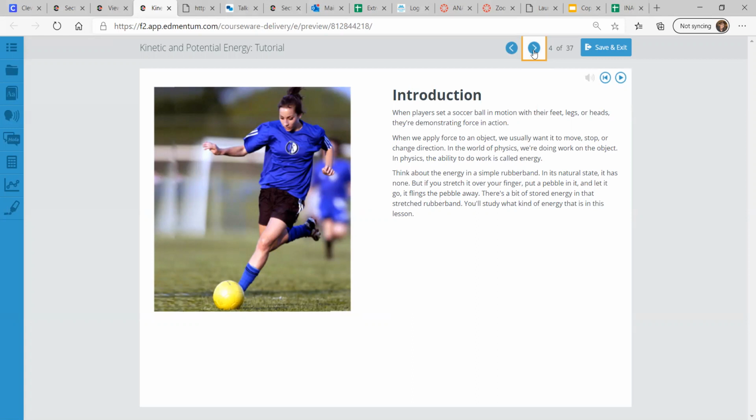But if you take a rubber band out and stretch it over your finger and put a pebble, a little rock, in it, and then let it go, it will fling the pebble away because of the elastic nature of the rubber band. So within that stretched rubber band, there is a bit of stored energy. And we're going to study what kind of energy that is in this lesson.